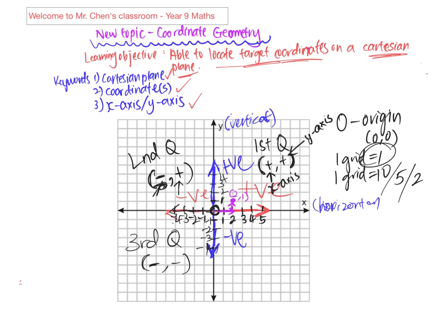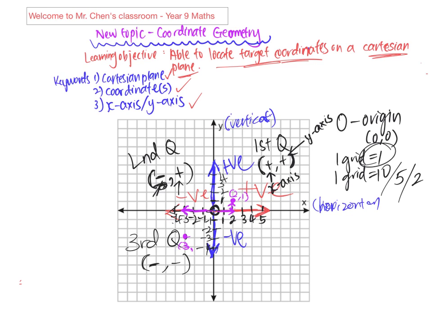So let's pick one example on here, which is this dot. How do you tell the coordinates of this dot? Again, always start with the x-axis. So you go 1, 2, 3. Okay, so you know straight away that is a 3 on the x-axis.